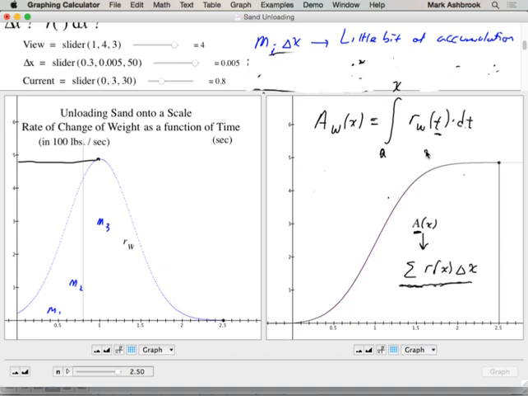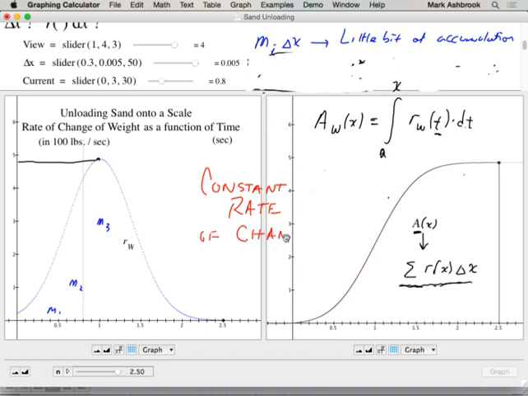Little bits of accumulation found by constant rate of change. How do you see constant rate of change in here? MDX, right there, summing up little bits of change by MDX. How do you see it in the integral? MDX, right? It's just the continuous rate function, each rate times a little change in x.